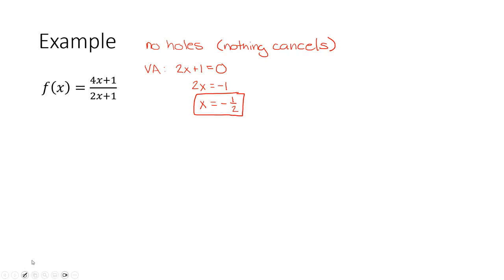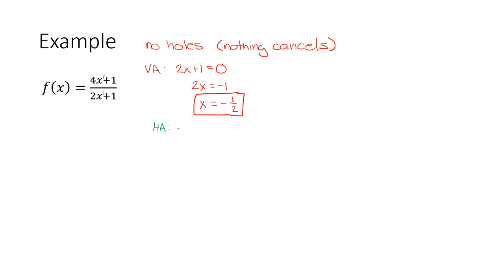Okay, let's then next find our horizontal asymptote. We get the horizontal asymptote by comparing the degree of the numerator to the degree of the denominator. Both of these are just linear, right? So the degree, there's that invisible power of 1 on the x.